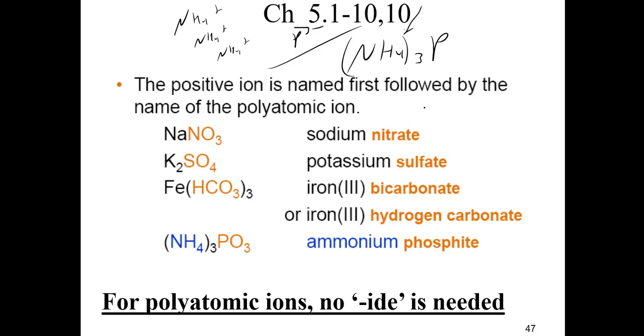If I had 2 times 3, that would equal 6. If I were to have 1 times 3, that would equal 3. So this 3 is multiplying the entire polyatomic ion, and you need those parentheses around there, because that 3 means we have 3 of those polyatomic ions.